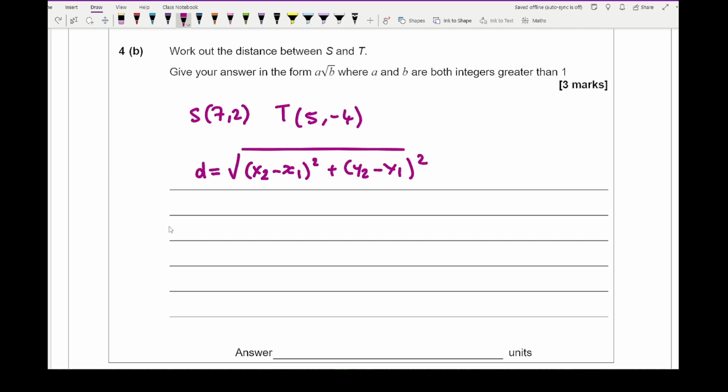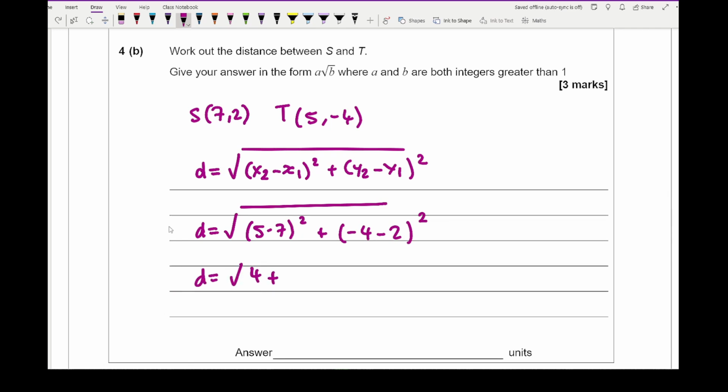Now if I substitute those coordinates in correctly, I get a d value of the square root of 5 minus 7 squared plus -4 minus 2 squared. That's all square rooted, giving me a d value of 4 plus 36, which equals square root of 40. And then I want to simplify this using surds, so that becomes root 4 times root 10, which leaves me with the answer of 2 root 10.